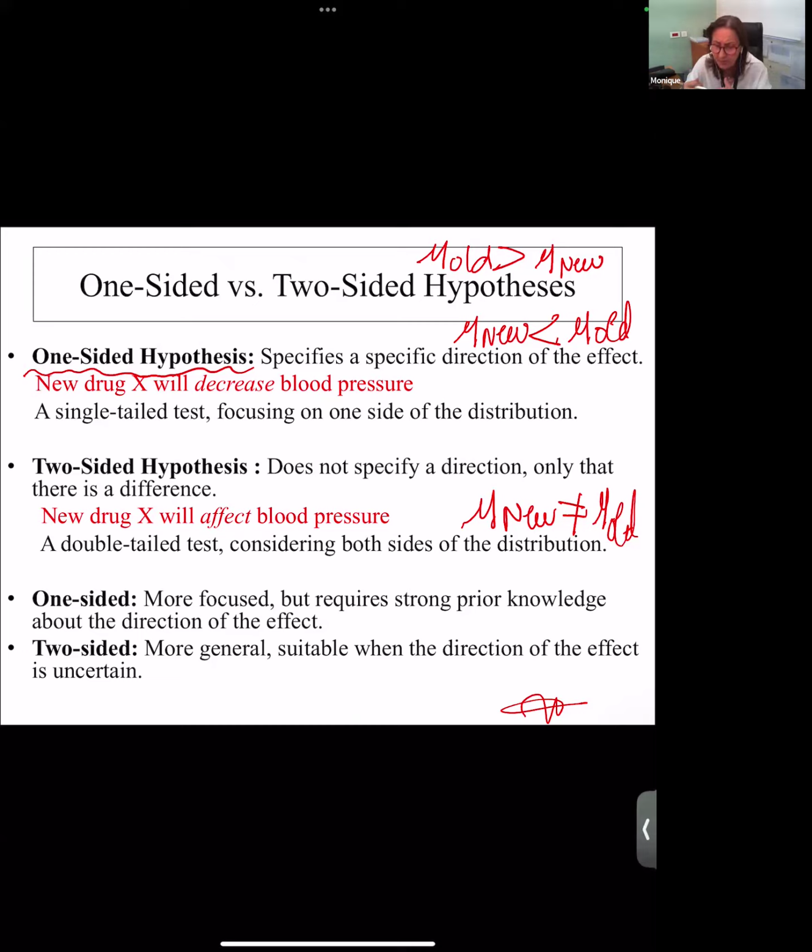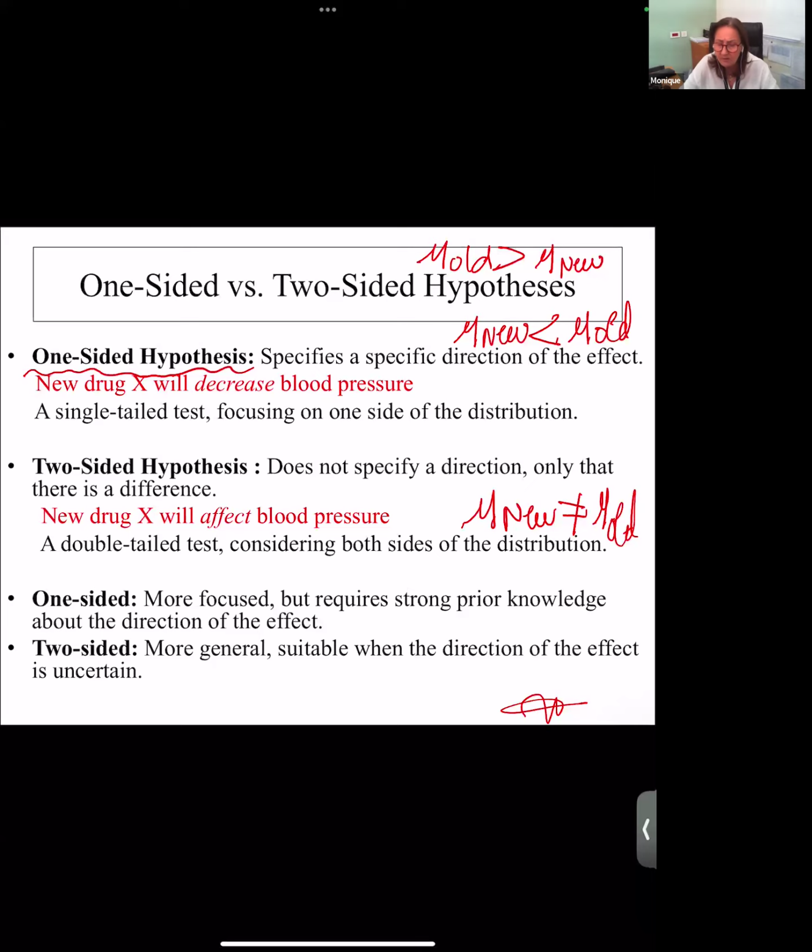And when you identify the hypothesis, you should know whether you want it to be a one-sided or two-sided hypothesis. One-sided is usually more focused. You know exactly where the difference is. You have strong knowledge about the topic.